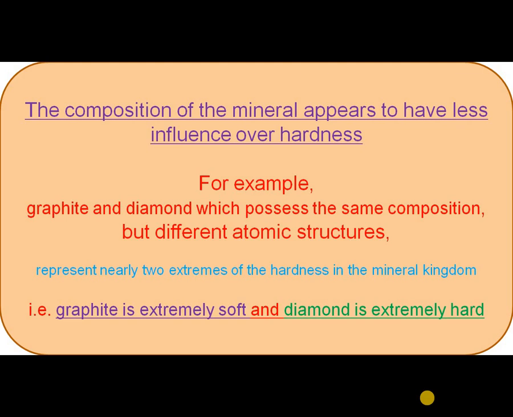Graphite is extremely soft, whereas diamond is extremely hard. That's why diamond hardness is more, on the Mohs hardness scale it is designated as 10, whereas graphite is extremely soft, it can be correlated with talc, which is designated as hardness 1. That means graphite is very close to talc.